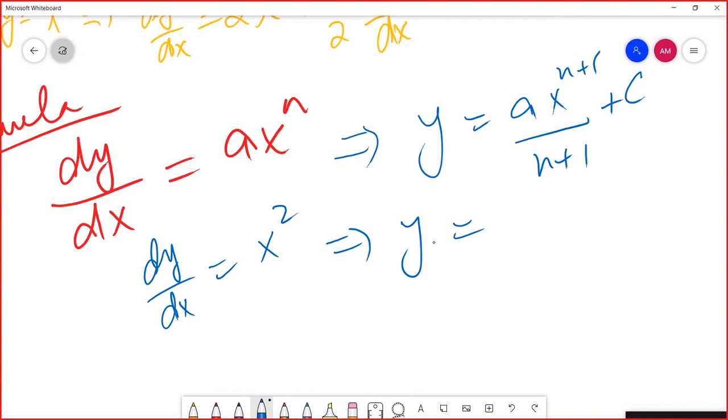It'll be x to the power of 3 divided by 3 plus c. Yeah, c is a constant, it could be any number. We would see what is meant by this.